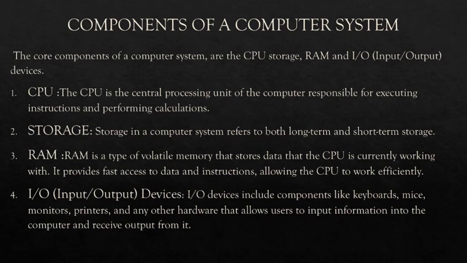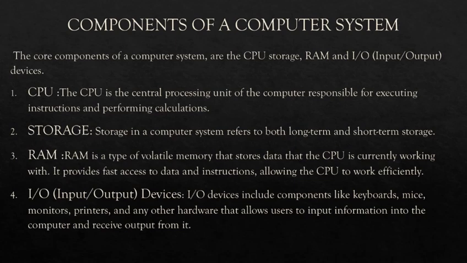The storage in a computer system refers to both long-term and short-term storage. Long-term storage is typically provided by devices like hard disk drives, pen drives, solid-state drives, which can store data even when the computer is powered off.